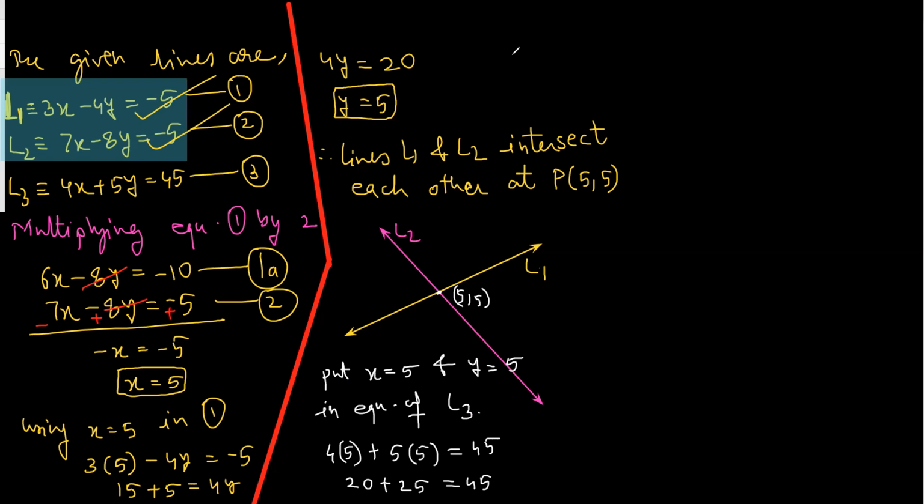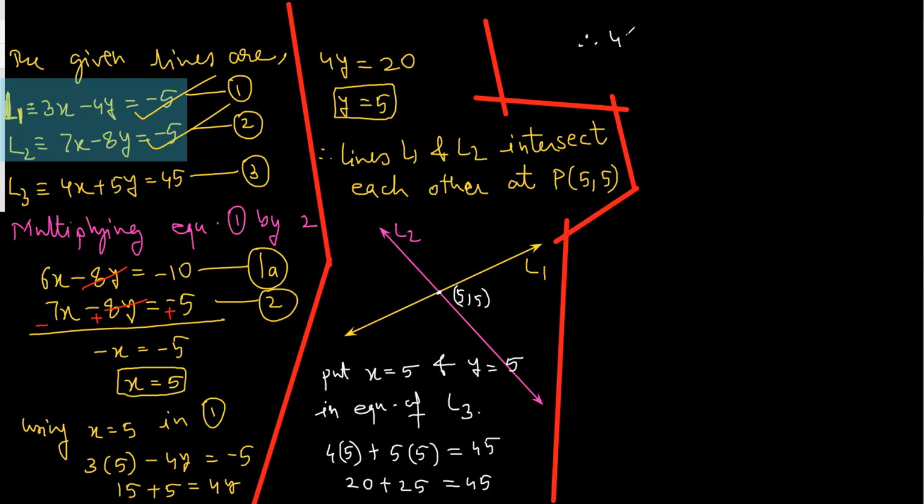So here I'm getting 45 equals 45, which is true. I got the left hand side also 45.